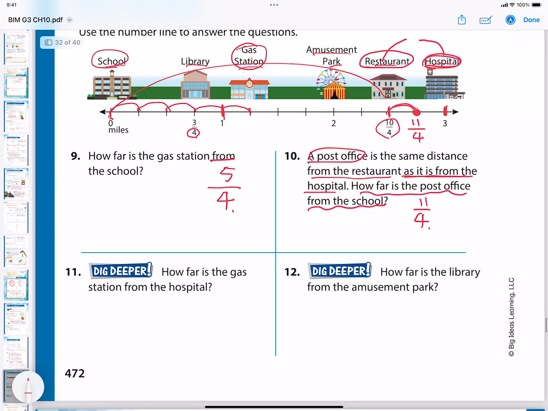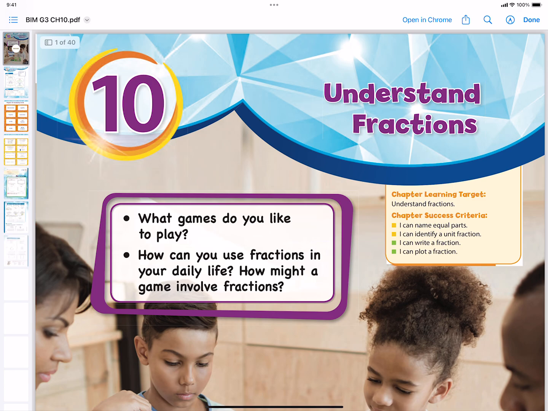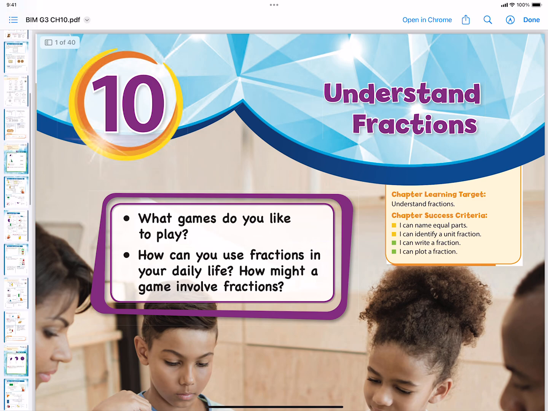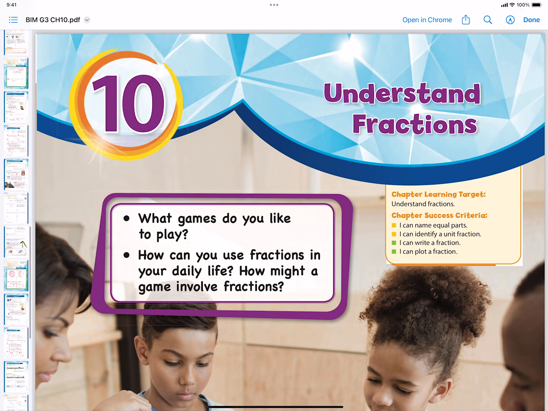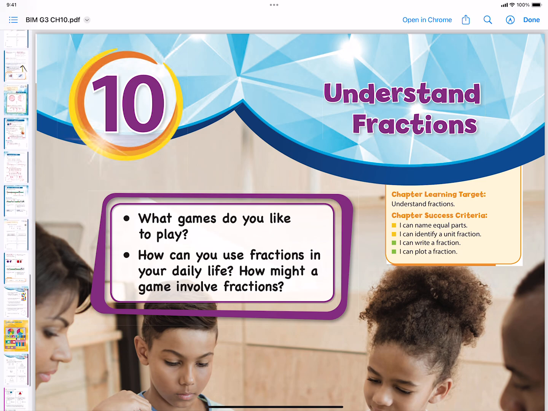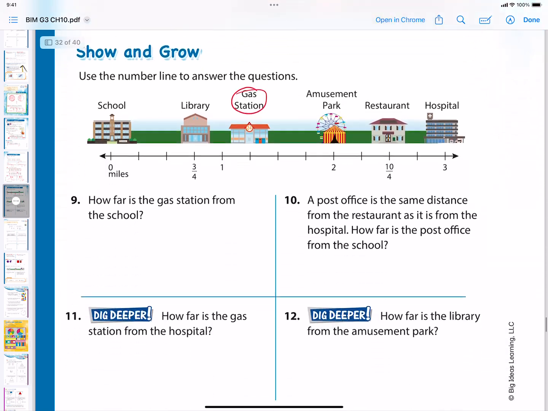Number 11. How far is the gas station from the hospital? Okay, let's go on. Gas station from hospital. Let's move back up. Count back on. 1, 2, 3, 4, 5, 6, 7. Sometimes it happens to my 4th graders.